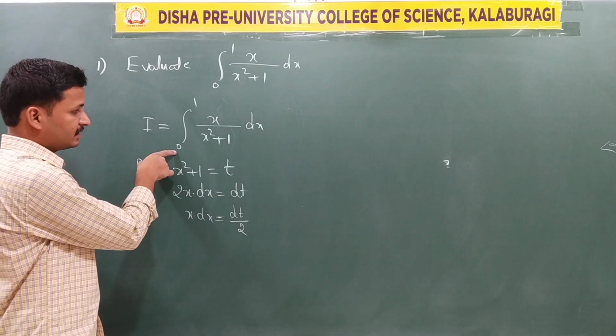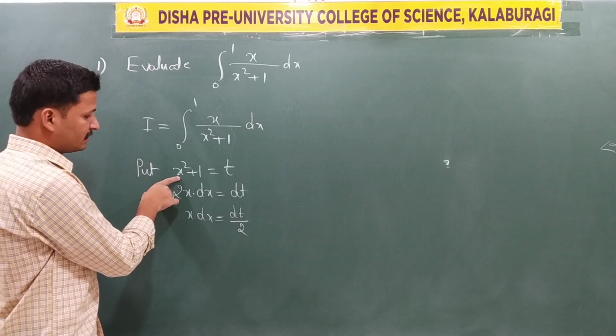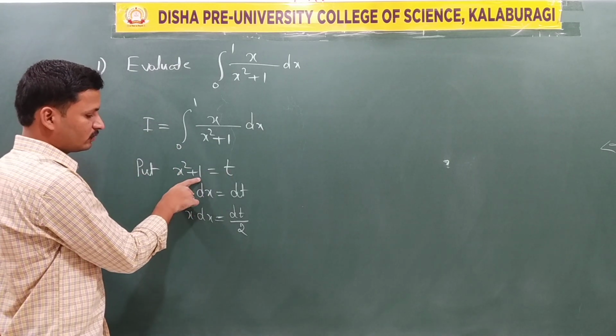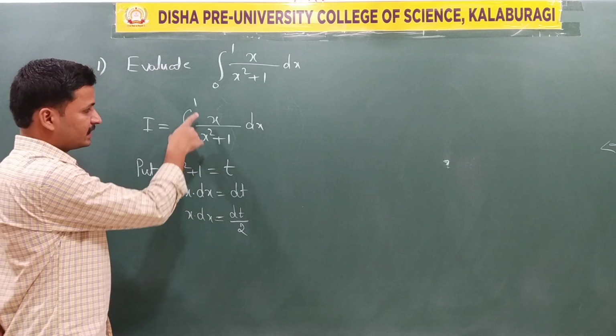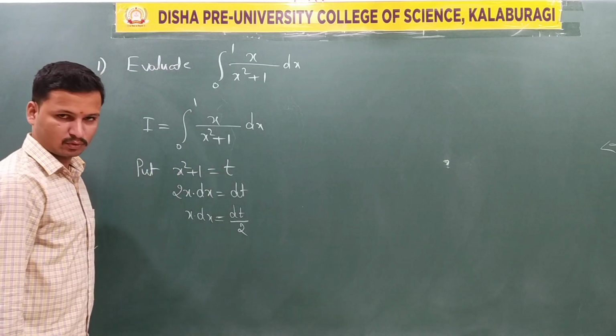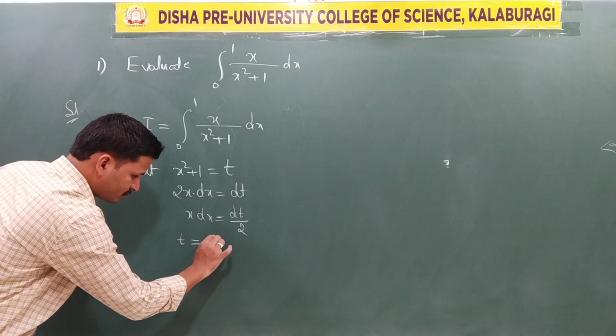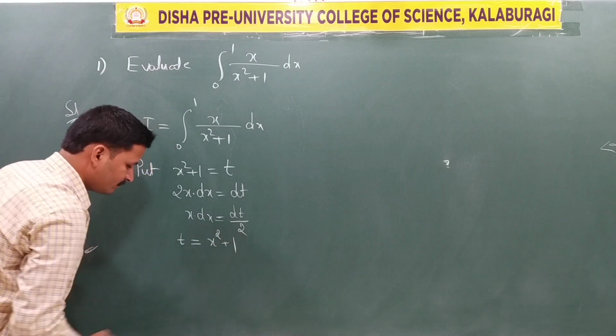And simultaneously the limits of the integration also change. When x is equal to 0, then t is equal to 1. When x is equal to 1, that is 1 plus 1, 2, that is t equals 2. Here t equals x square plus 1.